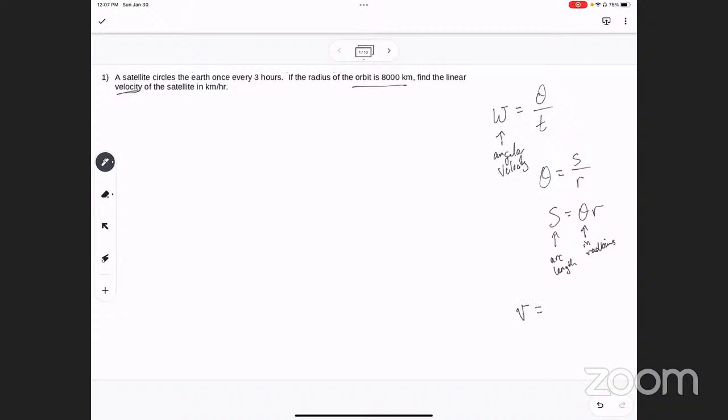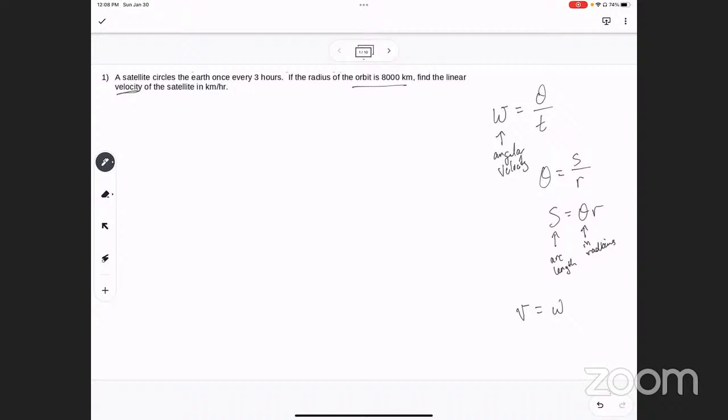V equals the angular velocity times, I'm sorry, I'm just trying to remember the formula for linear velocity. Do you have that in your notes too? It's V equals S over T, where S is arc length.